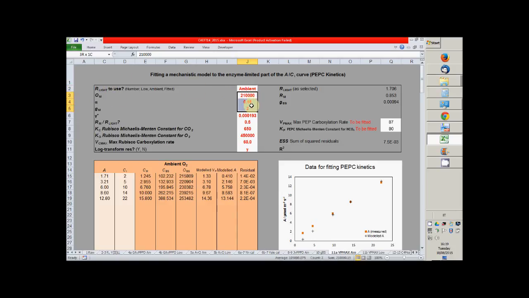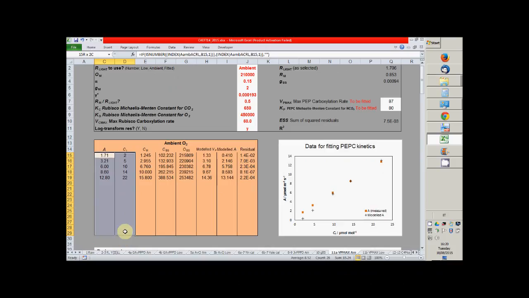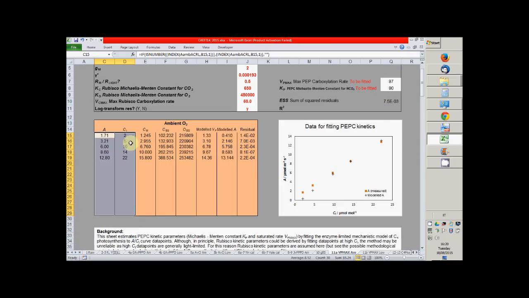Then, a few parameters taken from the literature, then we may specify whether to log transform residuals. Data from the initial part of the ACI curve are automatically copied here.